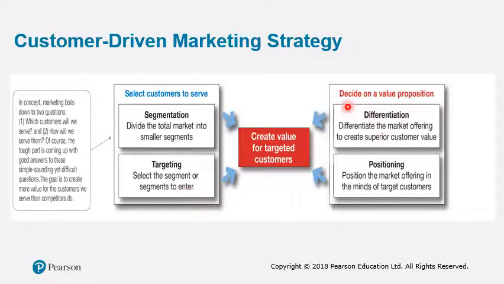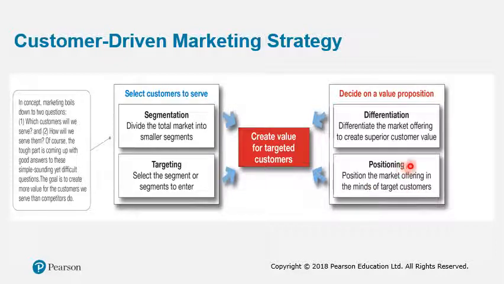When designing the value proposition, we can use a differentiation strategy, which is to differentiate the market offering so that we can create superior customer value. We can also do positioning, whereby we position the market offering in the minds of the target customers. Positioning here is not a position in a location, but a position in the minds of the target market.